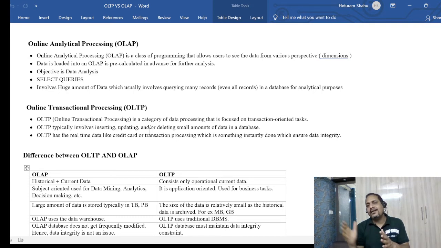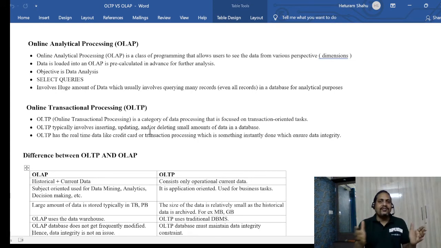There will be a lot of transactions on a daily basis, a lot of sales of different varieties and categories. Everything will be stored in the OLTP databases, and at the end of the day, or end of the week, whatever frequency they have agreed to set up in the ETL, they will run the ETL process, and that data will be loaded into the data warehouse. That's the process.